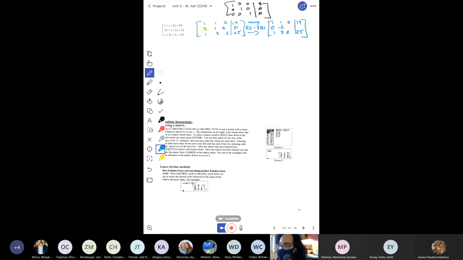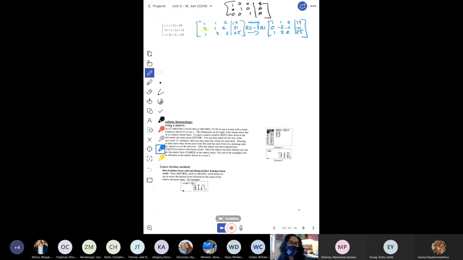Negative 4. Last element in that row. Arithmetic. Thank you. Okay, so I have a 0 there.